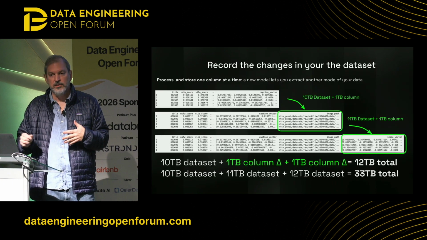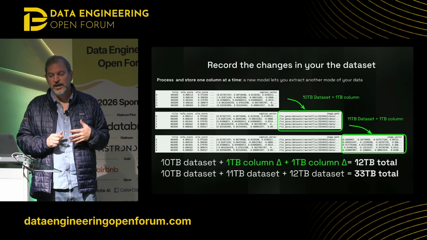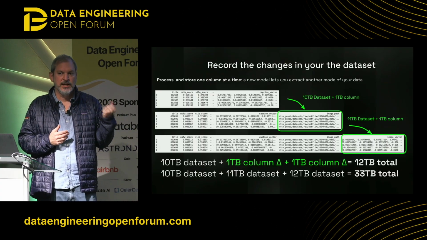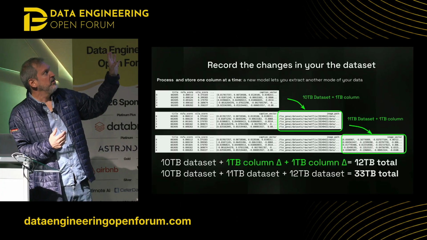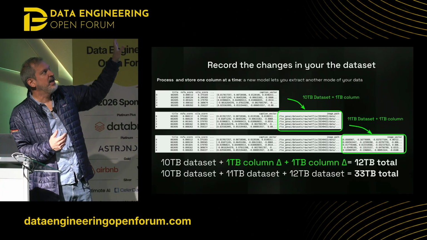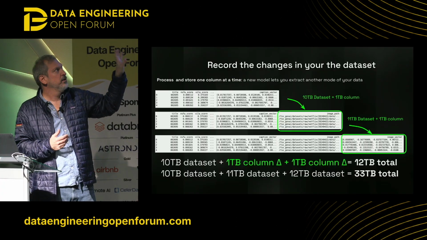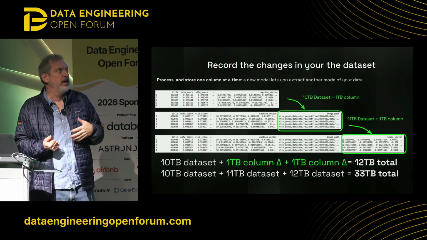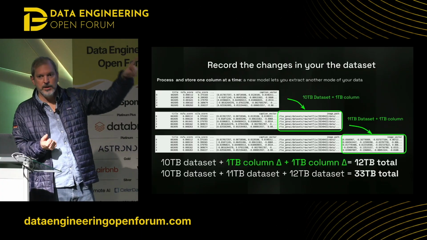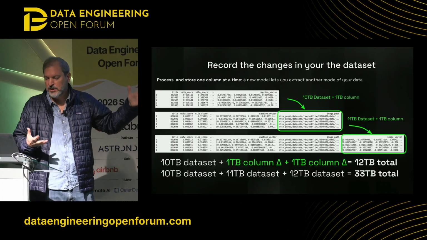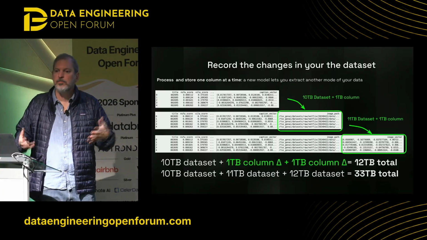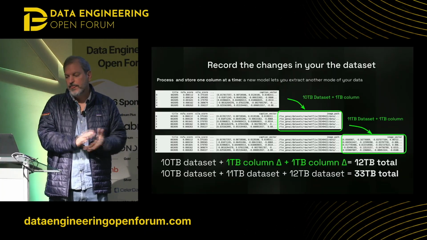Another way of thinking of this is, if we are growing columns on the data, it might be good to keep around the deltas. If I have a terabyte data set and I add a column that is 1 terabyte, I might add the delta of 1 terabyte instead of 2. And so on, every time I add a new column that represents a large amount of data, I carry around the deltas instead of copying the data set over and over again.